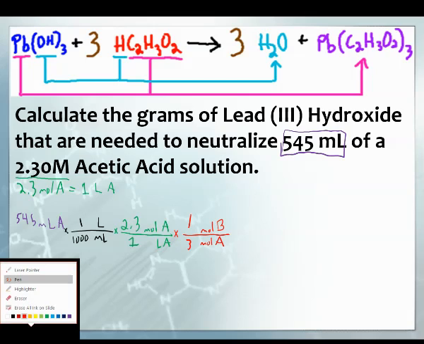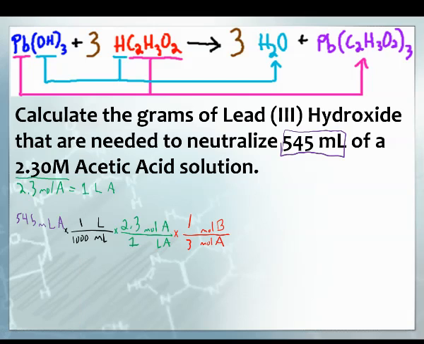And then what I'm going to do now is change this into grams, because that's what it wants: grams. So I'm going to bring my moles of base down, and I'm going to change that to my grams of base. Now there's 1 mole of base per 258.23 grams.